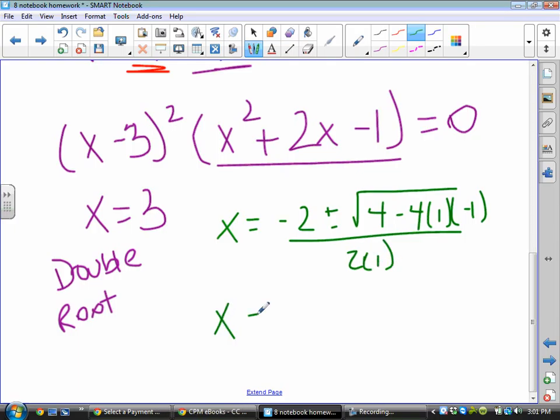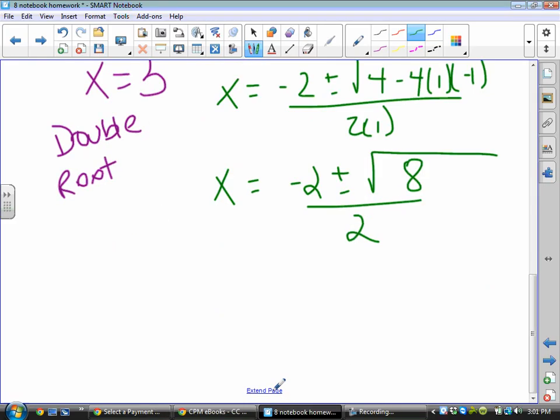x equals negative 2 plus or minus the square root. This is going to become 4 plus 4, so that would be square root of 8, divided by 2. I want to reduce this radical 8, so I could say that's really the square root of 4 times 2. I know the square root of 4 is 2, so I'm going to pull that out of the radical and have it come in front.